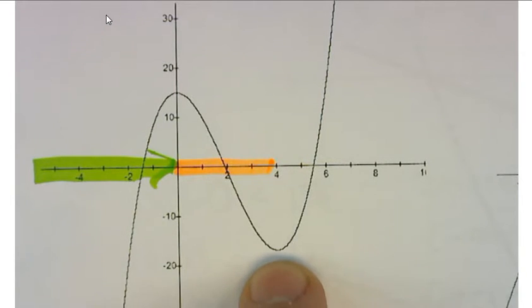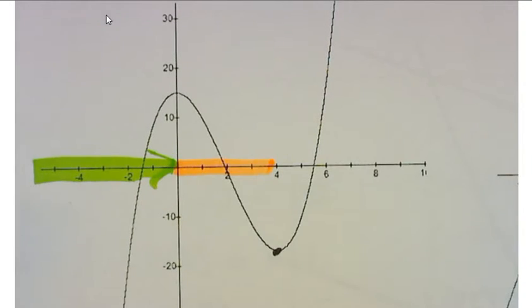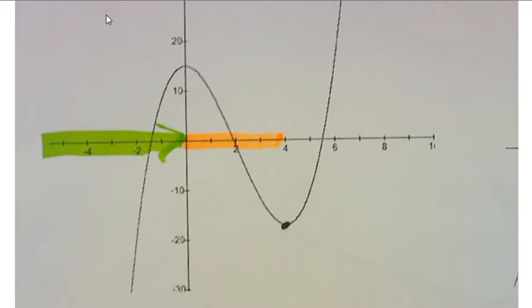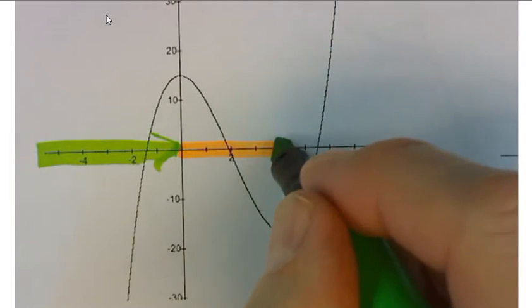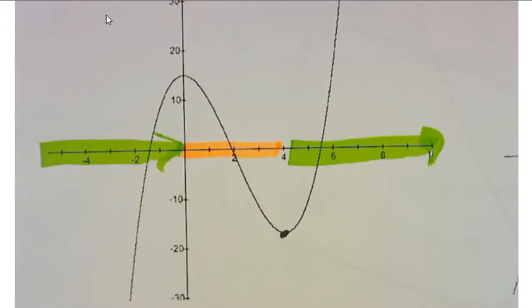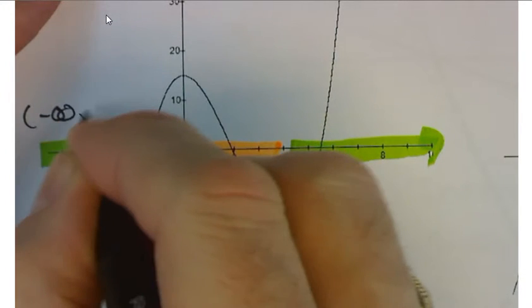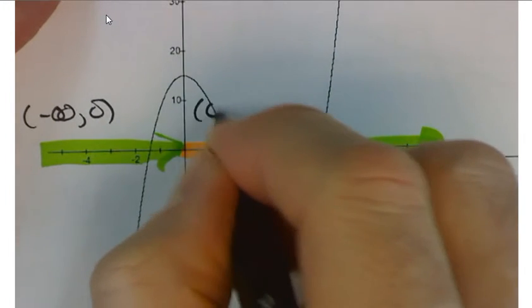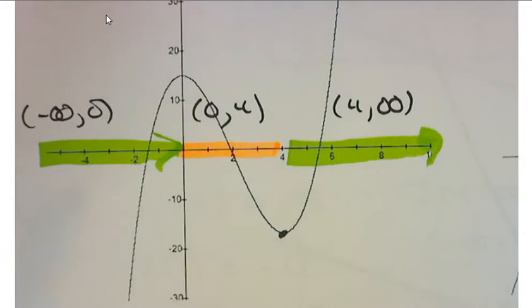You have a point where the derivative is 0, that is, you have a horizontal tangent right there at x equals 4, and at that point the function starts climbing again. So the function's increasing from 4 out to infinity. So there's your intervals. From negative infinity to 0, from 0 to 4, and from 4 to infinity. Increasing, decreasing, increasing.